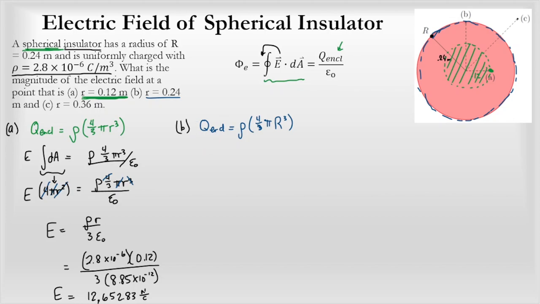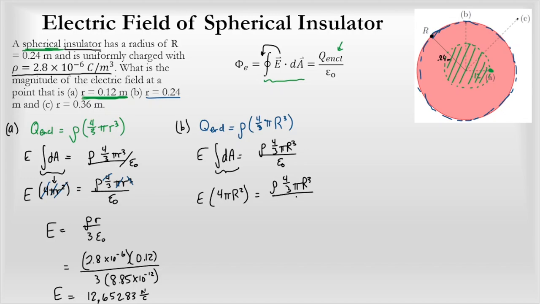Okay. So we can do this again. E, the integral dA equals rho 4/3 pi r cubed divided by epsilon naught. Our area is the area of the Gaussian surface, which is 4 pi big R squared. And you're seeing lots of similar things.